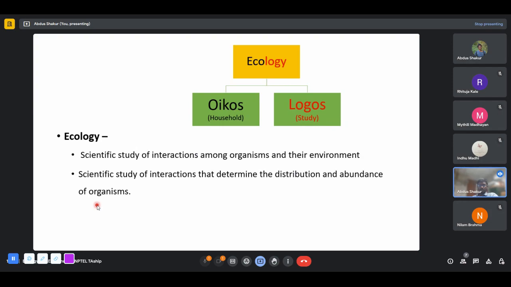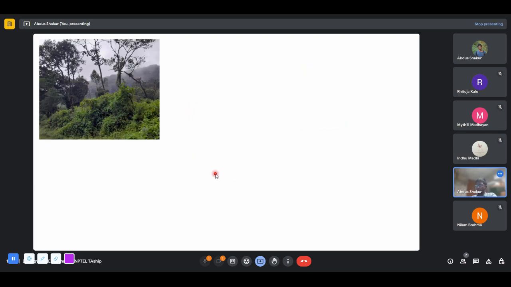So basically, you are trying to understand how species interact within the environment and how those interactions change with their environment. So that is ecology. And ecology is a bigger group, so it also has multiple subfields.